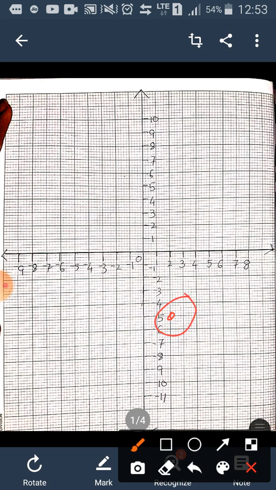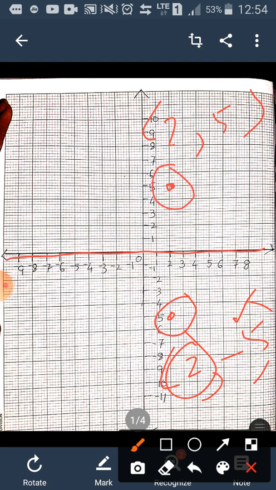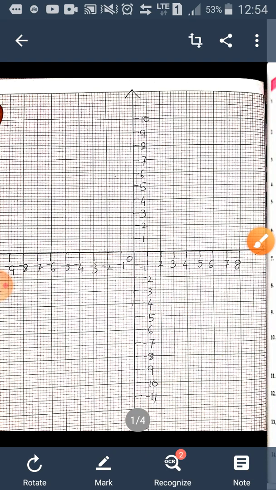When it is reflected along the x-axis, means this line, since it is getting reflected along the x-axis, the x coordinate won't change, only the sign of the y coordinate will change and it will become 2 comma 5. And where is 2 comma 5? 2 comma 5 is over here. Yes, so this is what the reflection is all about.